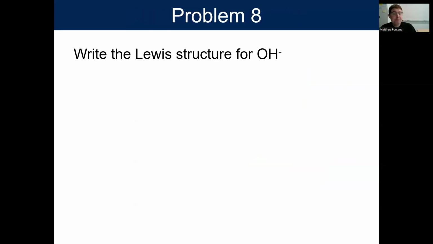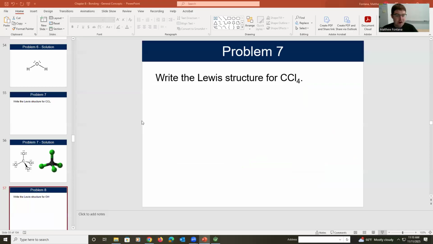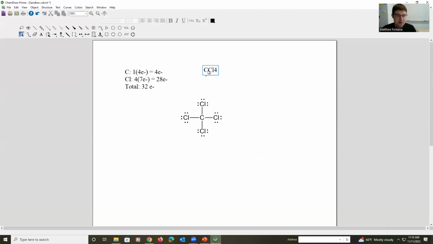Now we're going to do the same thing, but for the hydroxide anion. So for hydroxide anion, we'll change it here. We'll do OH minus. Hydroxide anion works like this. We are going to be working with oxygen and hydrogen.